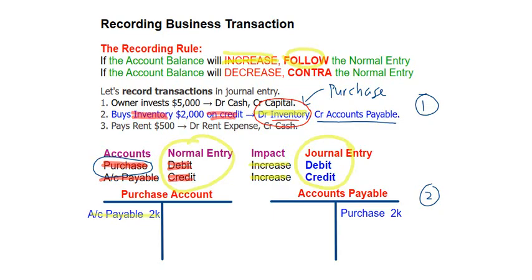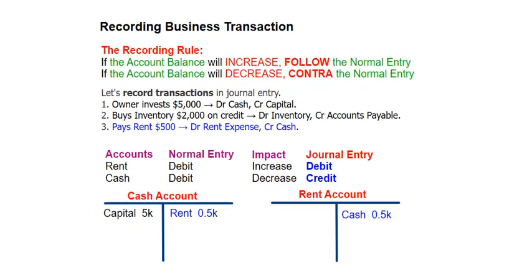Next, we need to credit accounts payable. So we go to accounts payable, credit side means the right side, and put the description as purchase, amount of 2,000.